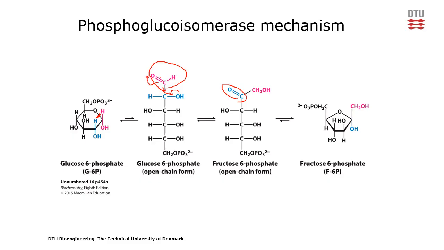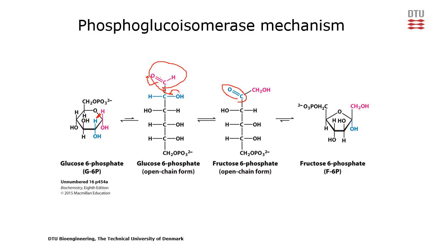So that's how these can be related to each other. It's a reaction that can go forth and back inside the enzyme. So this equilibrium is really strong, with almost 50-50 percentages of the two molecules in open-chain form.